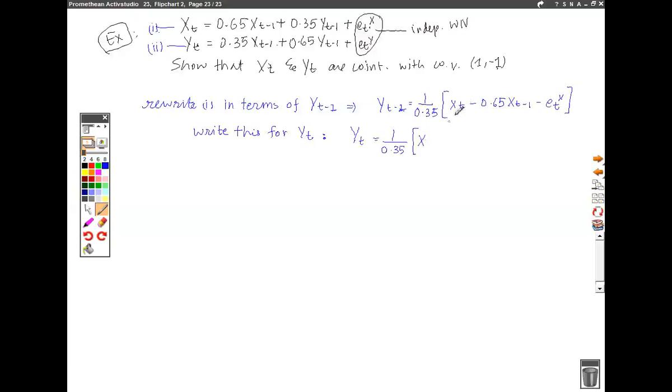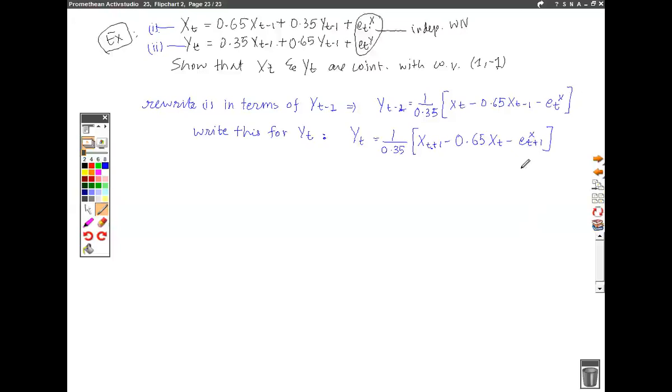Just instead of t, now you will have t plus 1. Right? Because instead of t minus 1, I have substituted t. So I'm just trying to take one time step ahead. So t will become t plus 1. T minus 1 will become t. And again here t will become t plus 1.